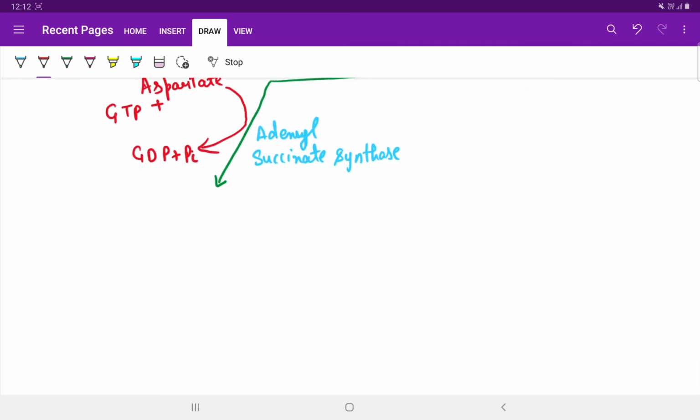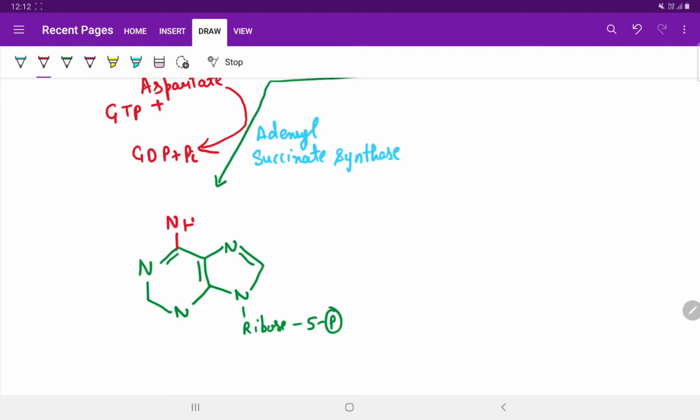So how will this adenylosuccinate be formed? Let us see. At this particular position the addition of one aspartate molecule will be there.